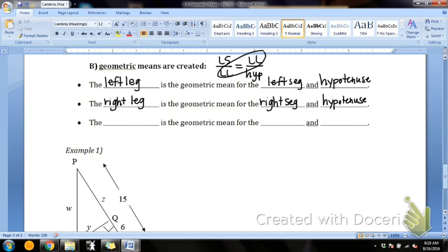And my third and final geometric mean was the altitude. And the altitude was which 2? Left seg and right seg. So it was left seg over altitude.